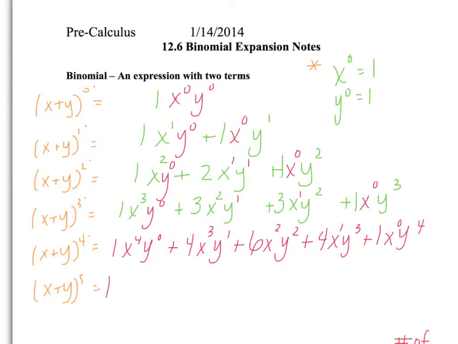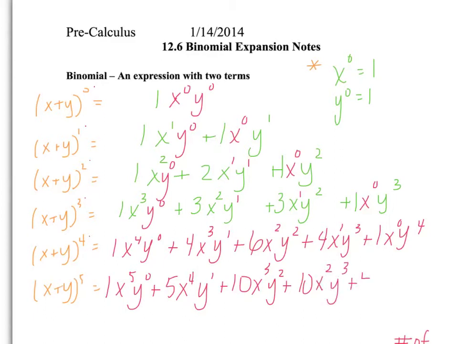To the 5th, we have x to the 5th y to the 0, plus 5x to the 4th y to the 1, plus 10x cubed y squared, plus 10x squared y cubed, plus 5x to the 1st y to the 4th, plus 1x to the 0 y to the 5th. So a lot of these are adding in placeholders every time I see a 0 exponent, but if you multiply these all out, these are the expansions that you will get.